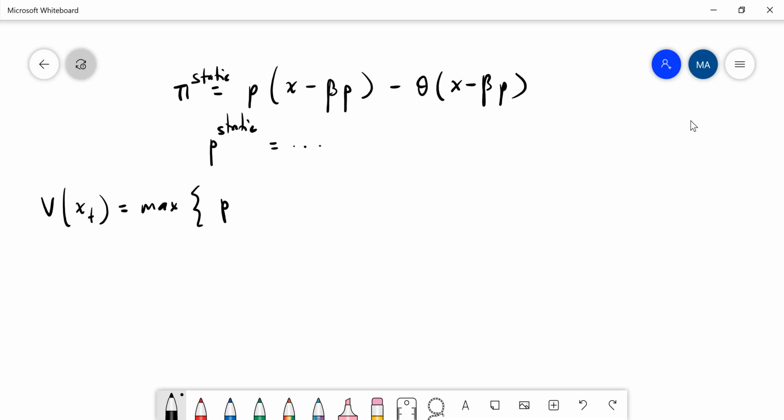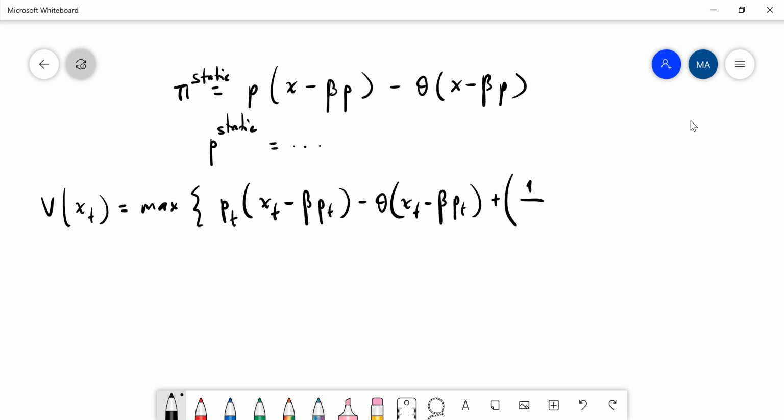So you will have this minus theta xt beta pt plus you have the continuation value, right?